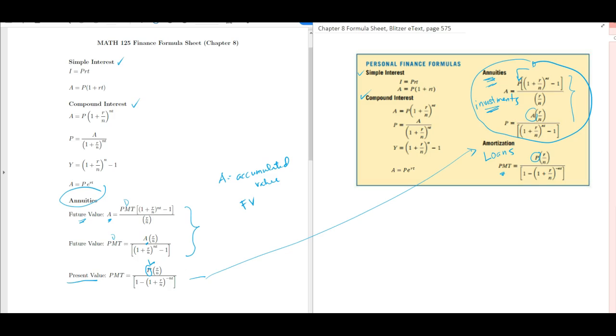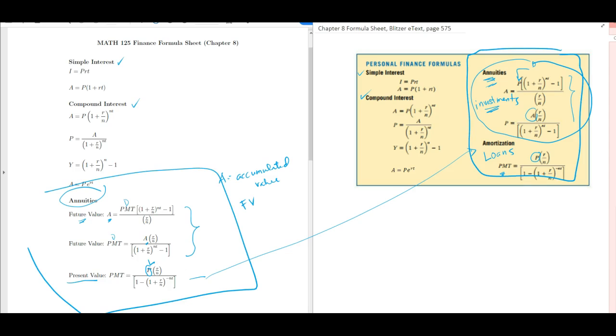If the answer is yes, you are in this third group, or second and third group on this yellow chart. Otherwise, if you have a single deposit or a single payment for a loan, you're in the first two groups.